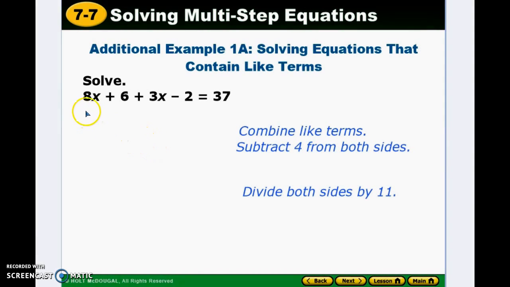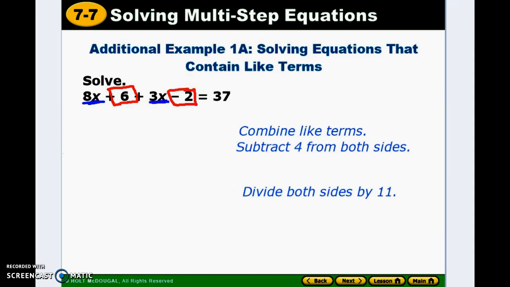So here we have an equation: 8x plus 6 plus 3x minus 2 equals 37. Now, if you really look here, we have 8x over here, 3x over here, and then we also have a positive 6 and a negative 2.